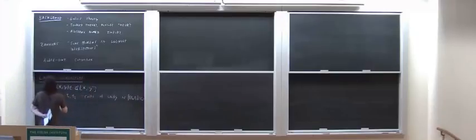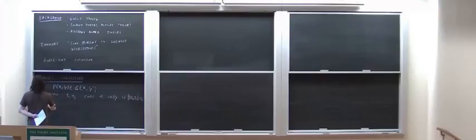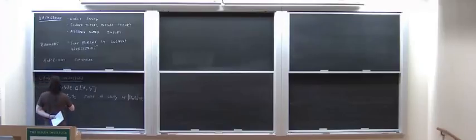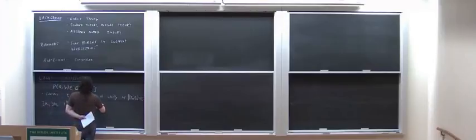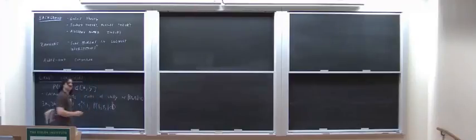And so you can write this in the following way. You can write this as there exists n1 and there exists n2 such that ξ1 to the n1 is equal to 1, ξ2 to the n2 is equal to 1, and p of ξ1, ξ2 is equal to 0. Okay?